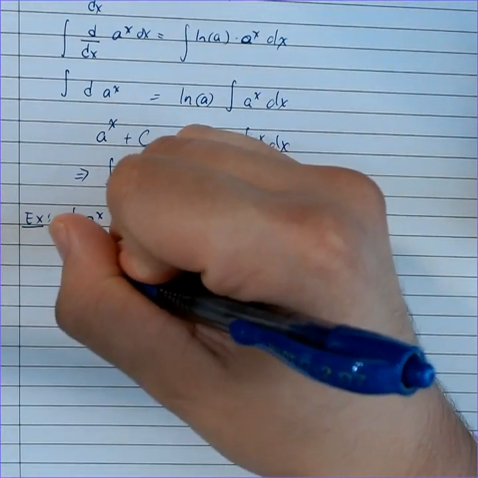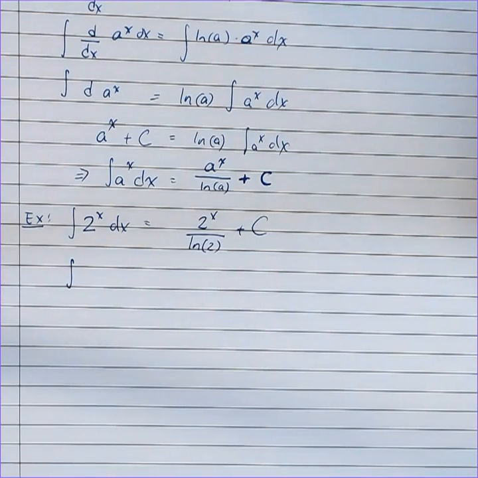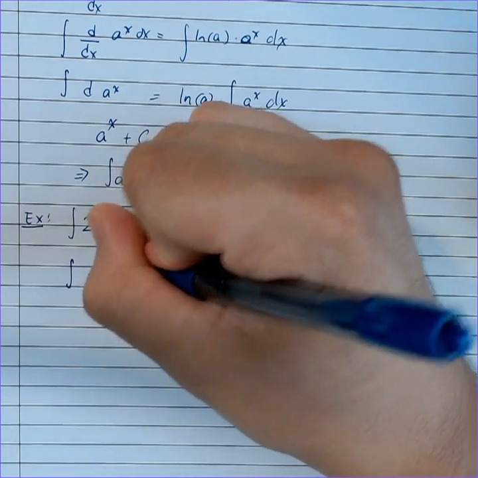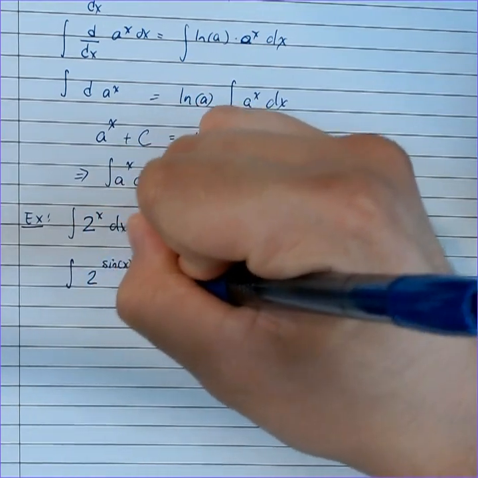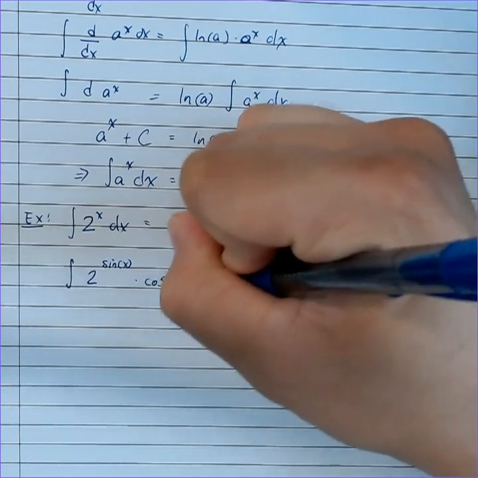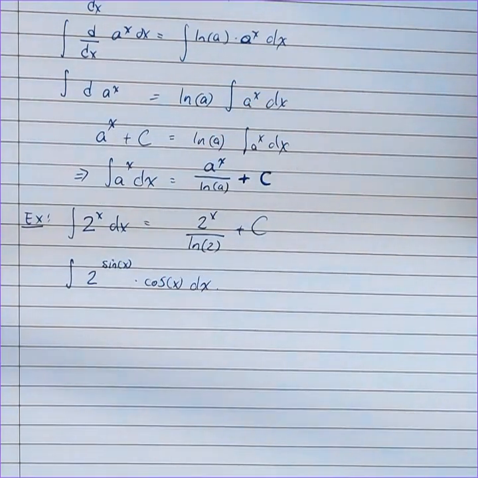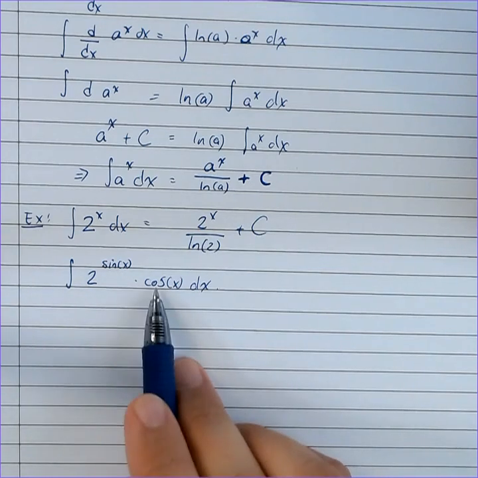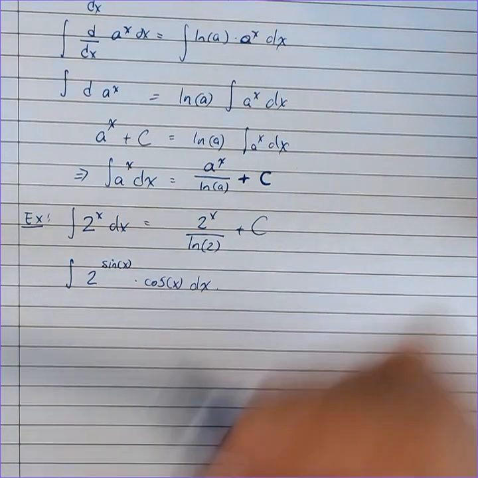So, for example, you might have the integral of 2 to the sine of x times the cosine of x dx. Of course here you would say, look, that's the derivative of that one. The derivative of the sine of x is the cosine of x.